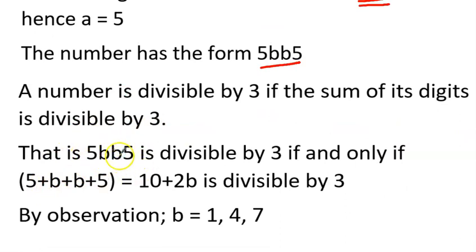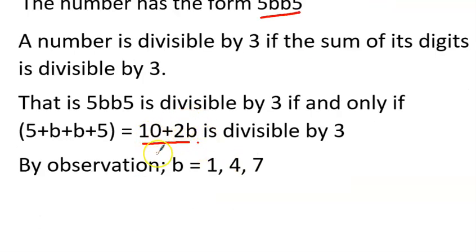So let's add the digits. That is, 5BB5 is divisible by 3 if and only if the sum of the digits is also divisible by 3. So when we add the digits, we get 10 plus 2B. Let's try to figure out those values that will make this expression satisfy.